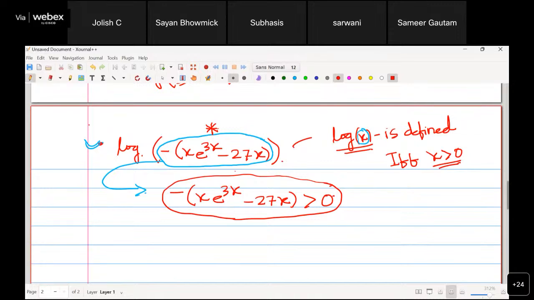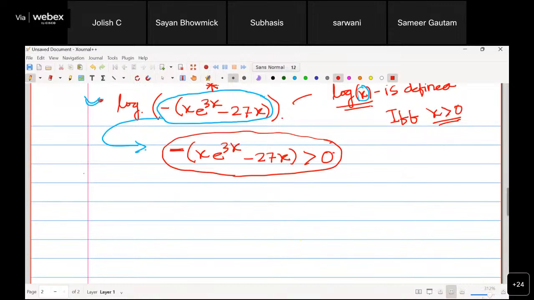So my next task is to find all the points for which this condition holds. Now I have a minus sign here, right? If I multiply this minus sign on both sides, then what will I get? Sir, the inequality sign will get reversed first, and then we are going to get the positive. Correct. So if this thing is greater than 0 and I multiply by minus 1 on both sides, then what will I get? x times e power 3x minus 27x is less than 0, right?